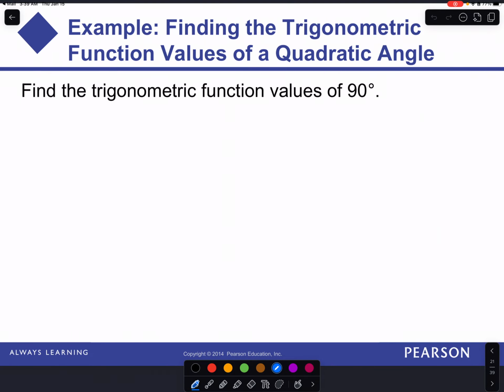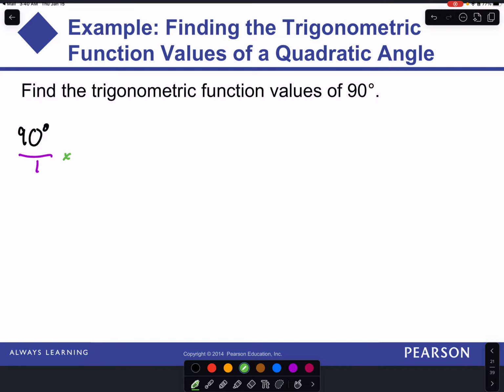Okay. So find the trigonometric function values of 90 degrees. Okay, so let's start by converting 90 degrees to radian measure. Okay, so if we have 90 degrees, I'm going to put it over 1.